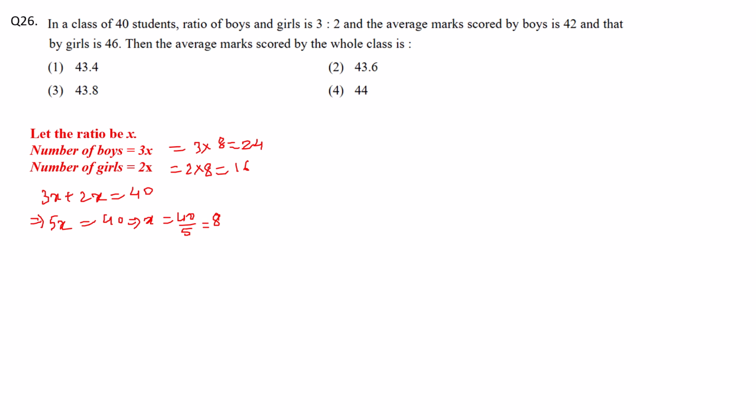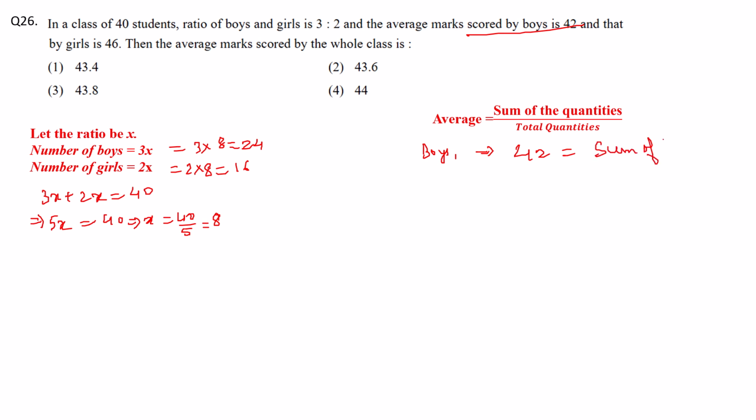Next, coming to the next statement, average marks scored by boys is 42. Now the average formula is sum of the quantities divided by total quantities, or sum of the observations divided by number of observations. So for boys, average is given as 42. Sum of boys' marks I have to find, divided by number of boys, which is 24.